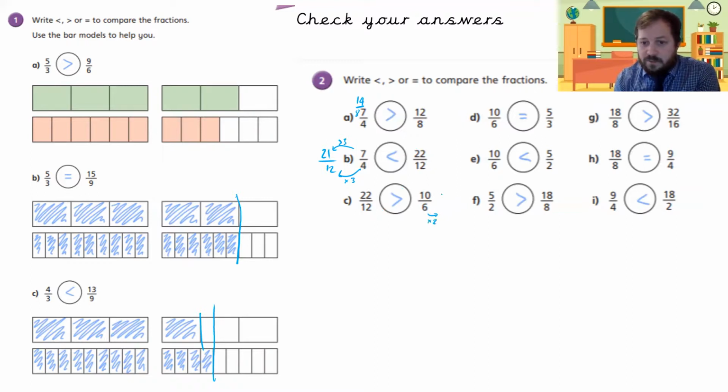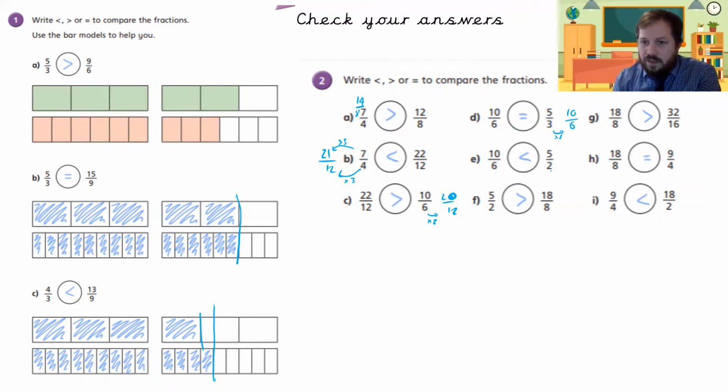So I times both of these sides by 2. 20 over 12. 22 is larger. Go up here, 10/6 and 5/3. Well, the 3 to get to the 6 is timesing by 2. So we times both parts by 2 and we get 10/6. And you can see straight away that's the same.